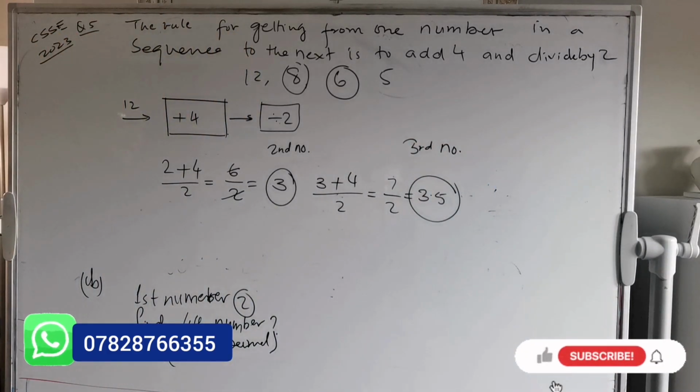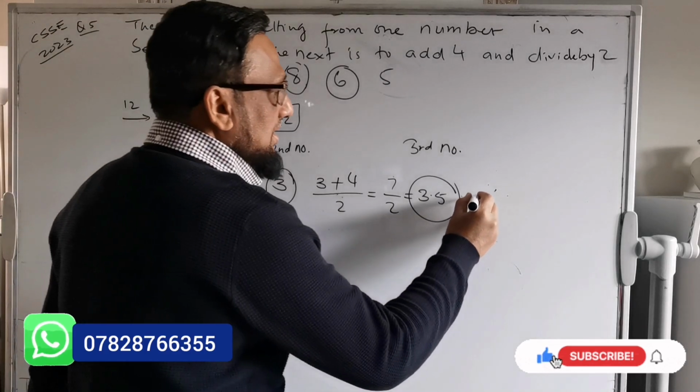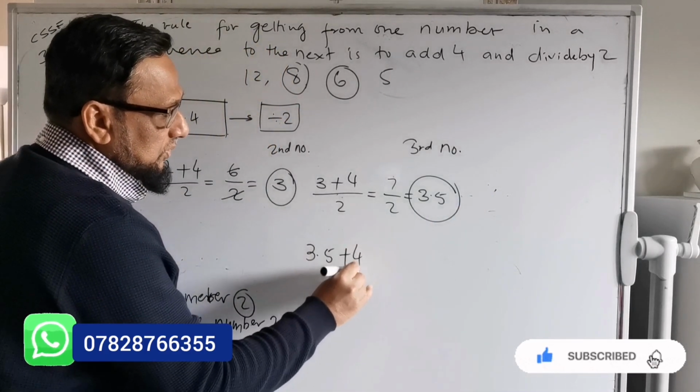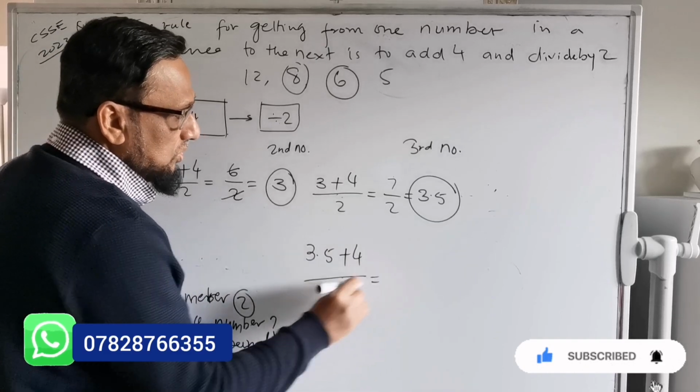And the fourth number, in exactly the same way: 3.5 plus 4 is 7.5, divided by 2.